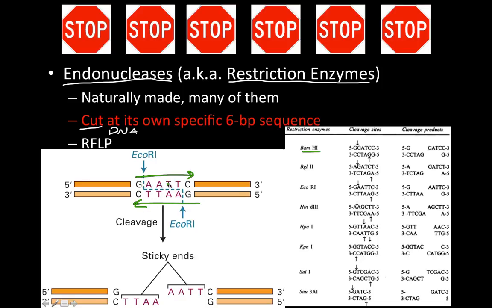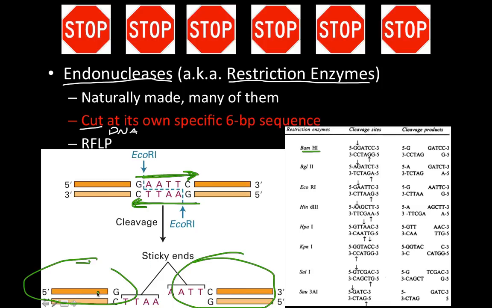So GAATTC, GAATTC. It's the same forward as it is backwards, which is a palindrome. The other thing that I want you to notice here is now we have a segment here and a segment of DNA here. So we have two different pieces of DNA where we used to only have one after our endonuclease cut the DNA.